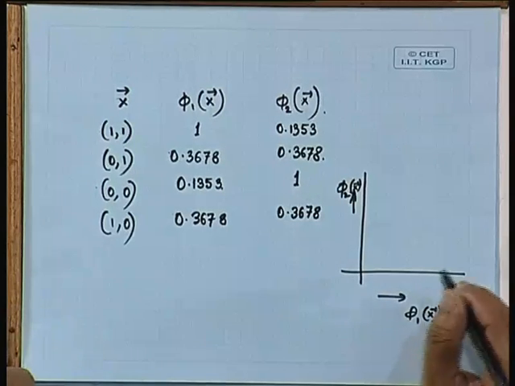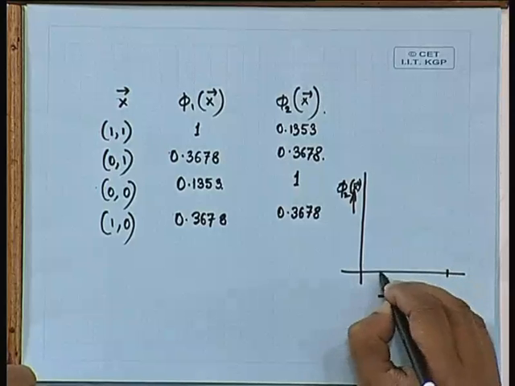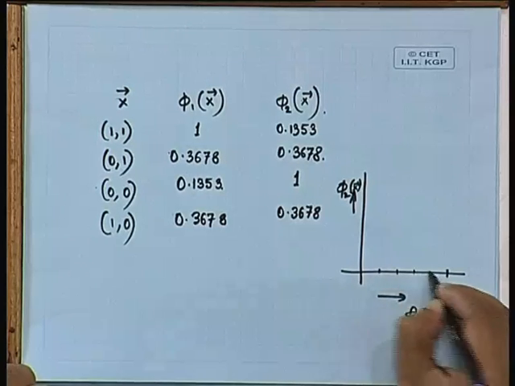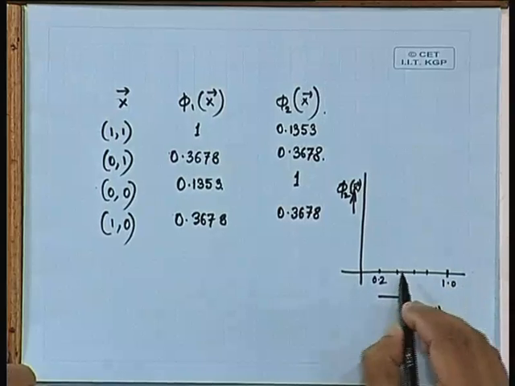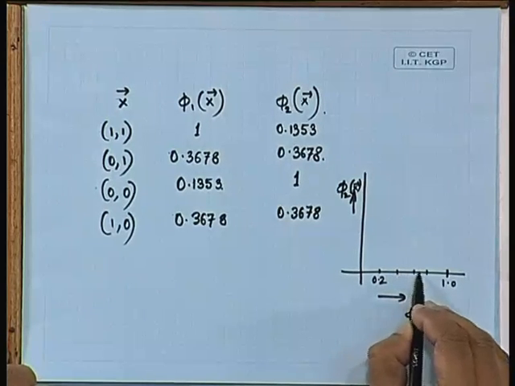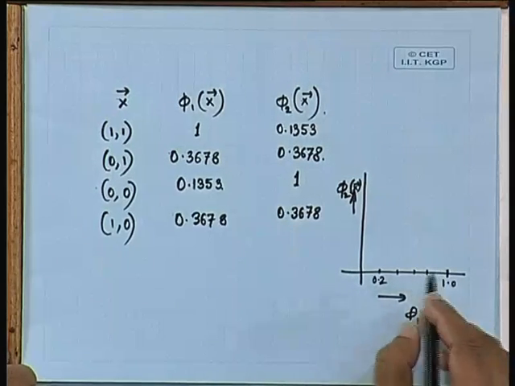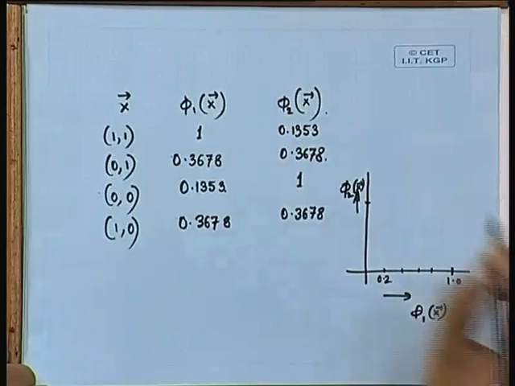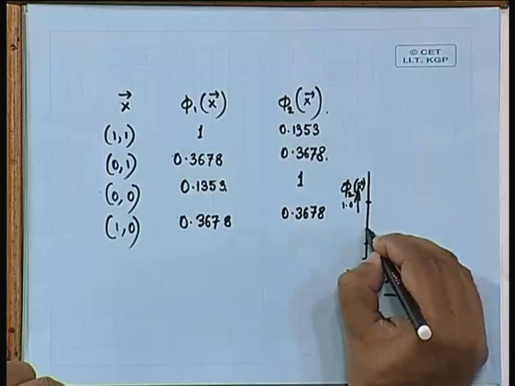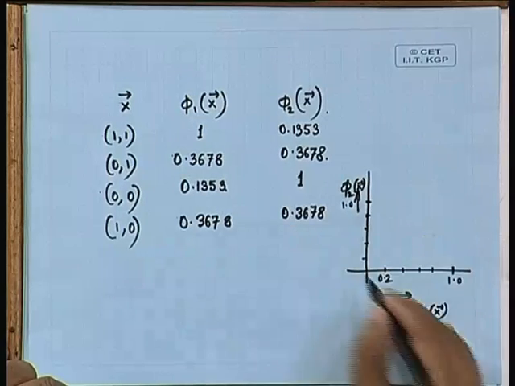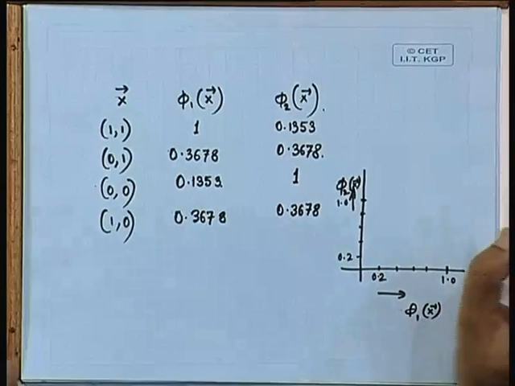Let's take this to be 0.2, this to be 1, so that all these divisions that I have marked are in steps of 0.2, and likewise here, this is equal to 1. All these are in steps of 0.2, right.